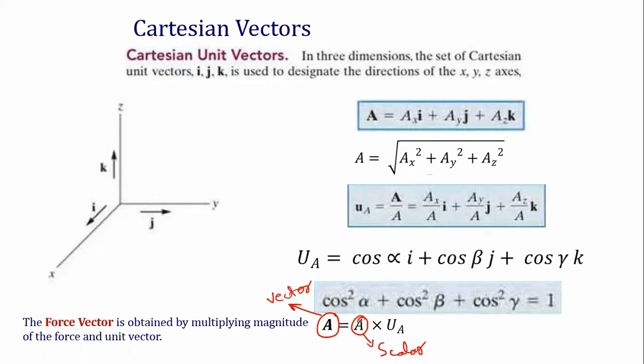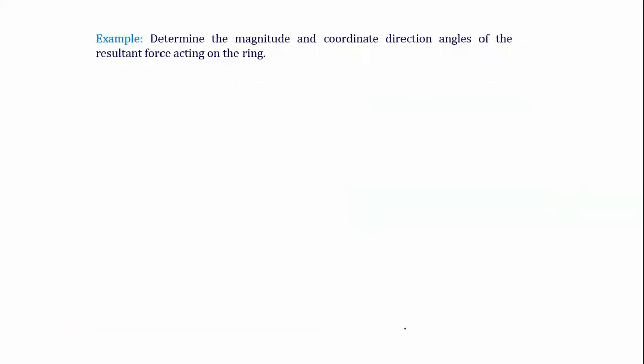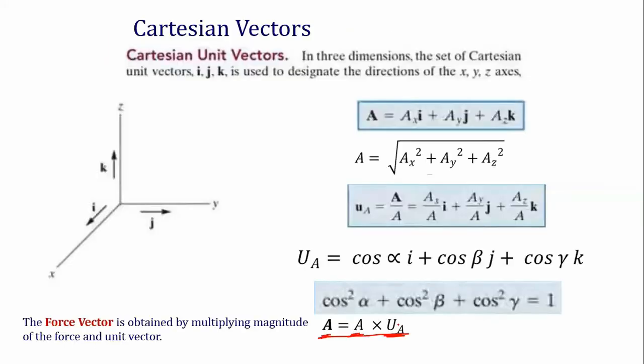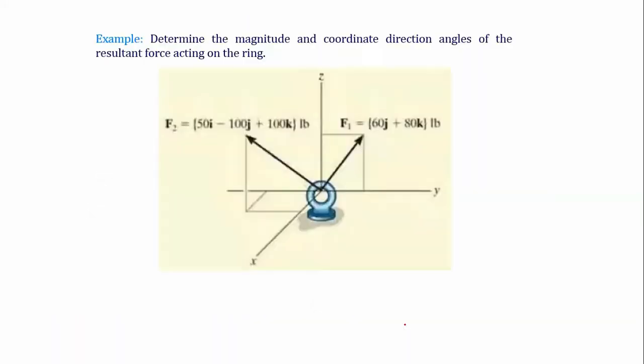So this A is representing the magnitude of this force vector A. Now if you multiply this magnitude with a unit vector along the vector A, then it will be equal to the original vector. So vector A is equal to A into UA. Vector is equal to its magnitude into its direction, that is the unit vector. So these things we discussed in the previous class, and this type of problem you have already solved in the tutorial class.